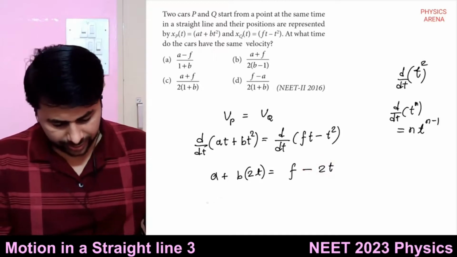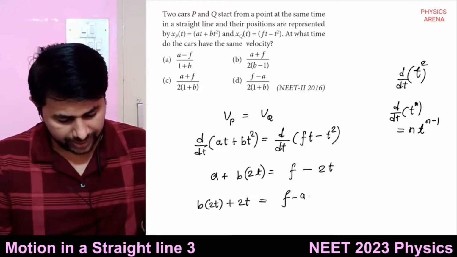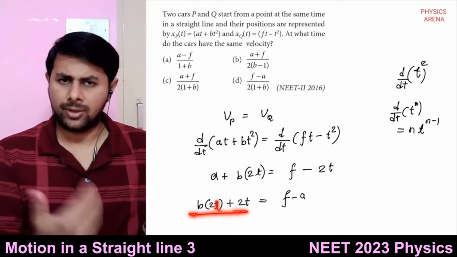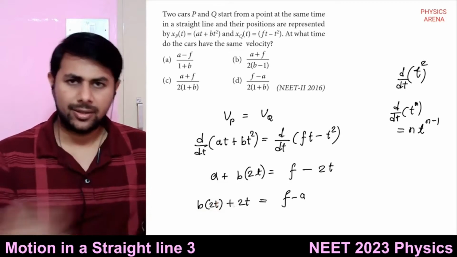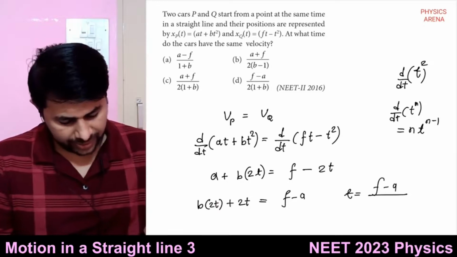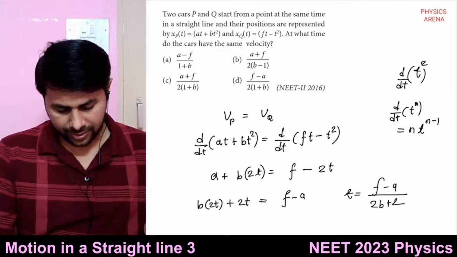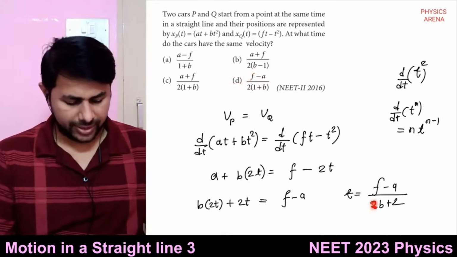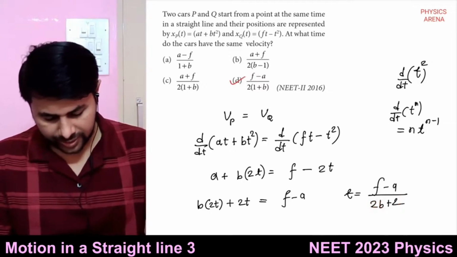So you get b times 2t plus 2t is equal to f minus a, and then you can take t common on the left hand side. What's left is 2b plus 2, and take that to the right hand side. So t is equal to f minus a divided by 2b plus 2. This is the answer, so option D is the answer. If you take 2 common, it is b plus 1 or 1 plus b.